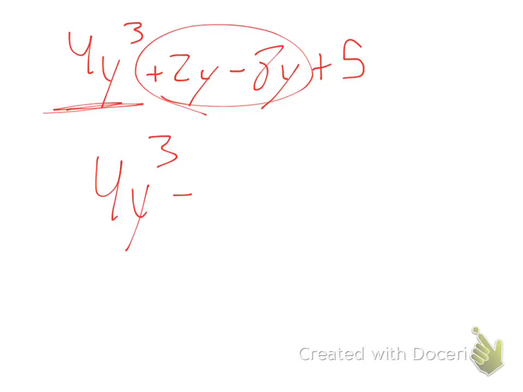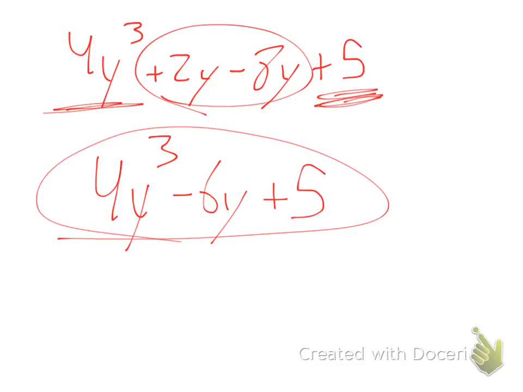Because if you have $2 and you have to give someone $8, that means you owe them 6 yet. So negative 6y. And then you look over here at the 5. That's a constant. Are there any other just numbers laying around? No. So it goes along for the ride. And you just gathered up like terms, which means you also simplified the problem.